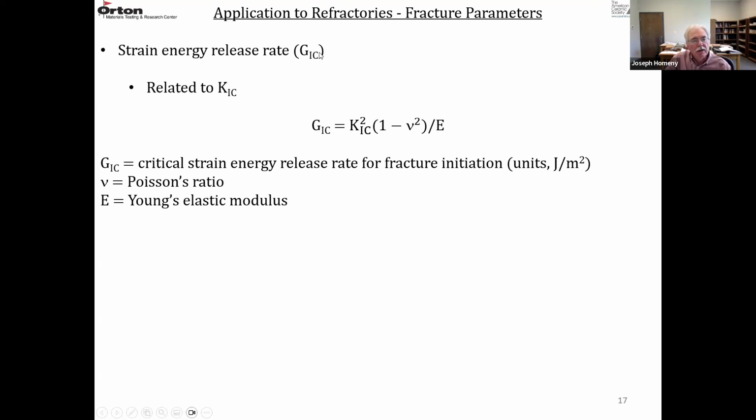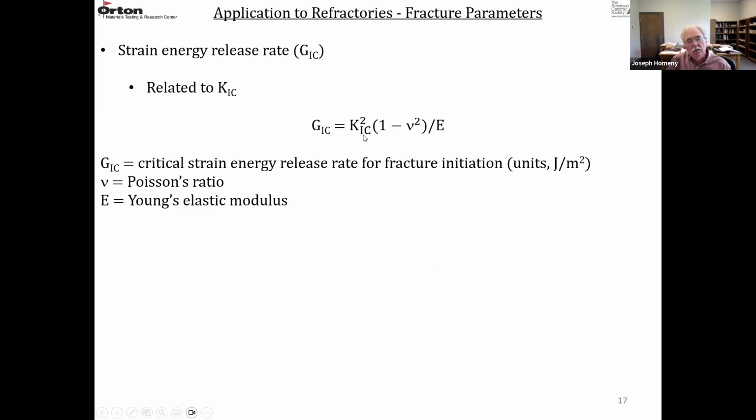And then the strain energy release rate, G1C, is given by this equation here. Once you get K1C, you have to determine Poisson's ratio and Young's modulus independently, and then you can get the strain energy release rate. So G1C is a critical strain energy release rate to initiate fracture, to start this crack moving. It has units of joules per meter squared.